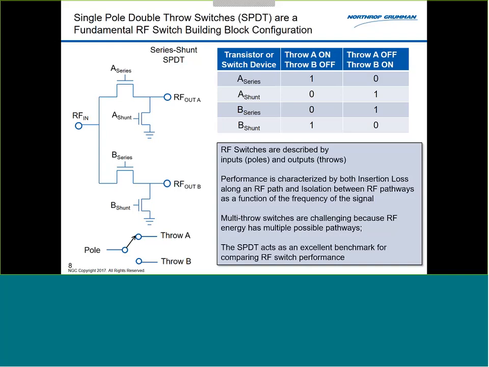what's called a single pole double throw switch. I'm going to spend a little time explaining what that is so everybody understands what kind of switch. The reason is that if you go into the literature, you have to be a little careful when reading people's claims of a great low loss switch, because sometimes what people call a low loss switch is really a single pole, single throw switch, many times in a shunt configuration, as I'll show you later.